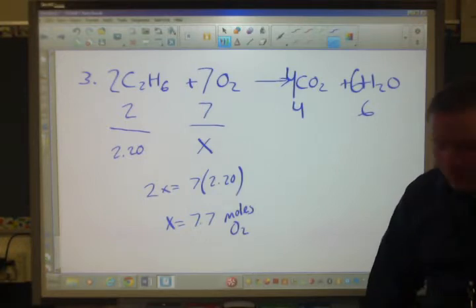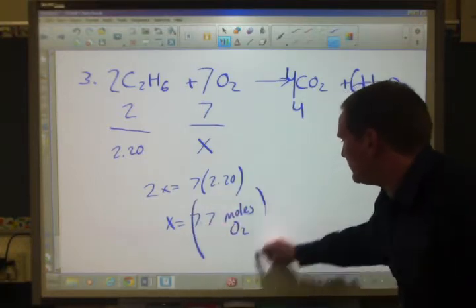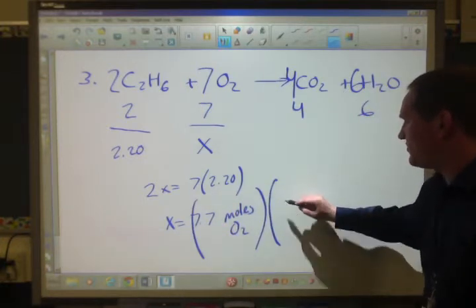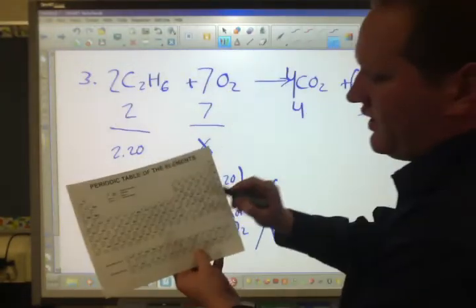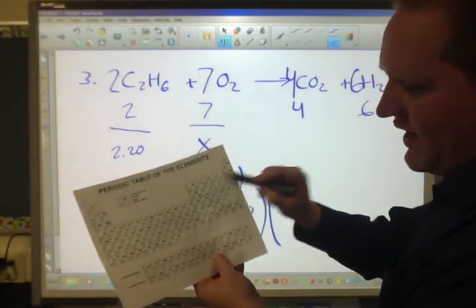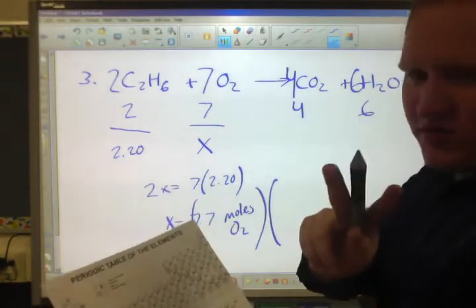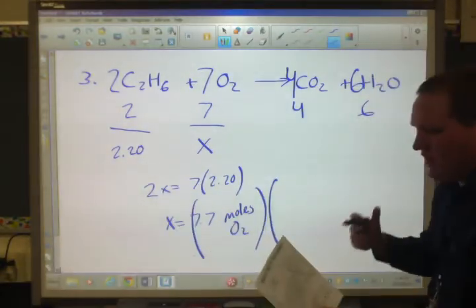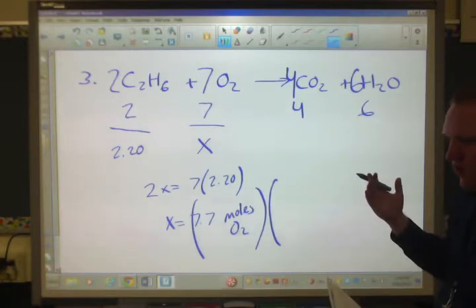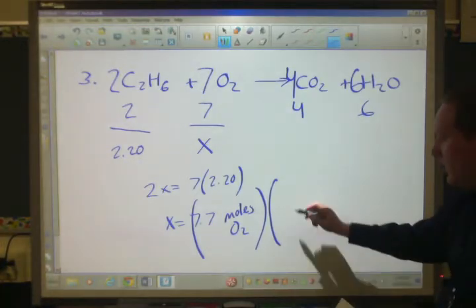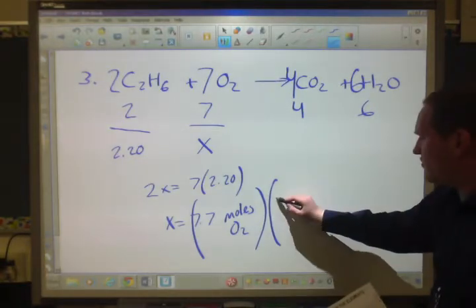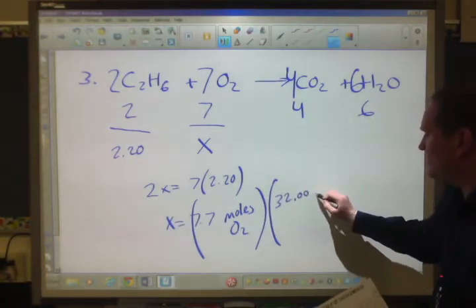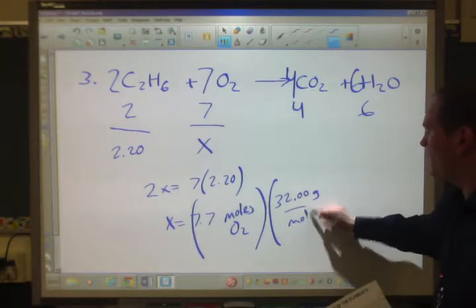We're not looking for moles, we're looking for grams. 7.7 moles of O2 times, looking at my periodic table, this one I have memorized, but just so we're clear, oxygen is 15.999, but O2 is 2 oxygens, so it's going to be 31.999, but we'll just call it 32.00. So 7.7 moles of O2 times 32.00 grams per mole.